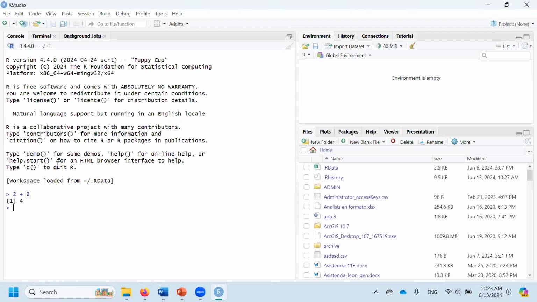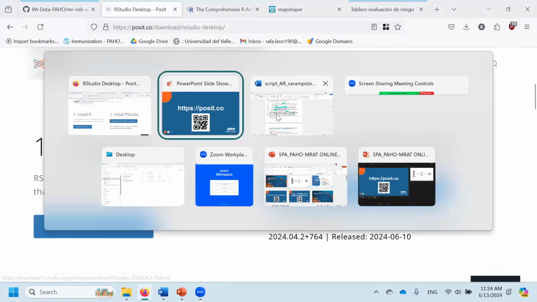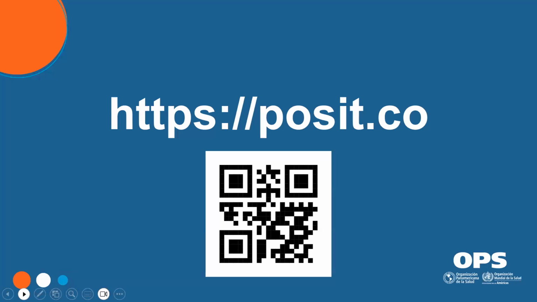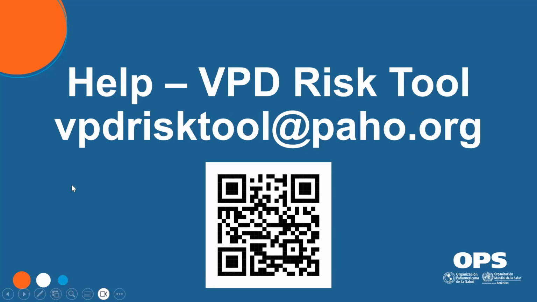And here you can see that on the console, it gave an answer of what 2 plus 2 is, meaning 4. This means that we have an active connection. So we can close the window and go to the next tutorial, where you will see how to download the tool and look at the content of the files.